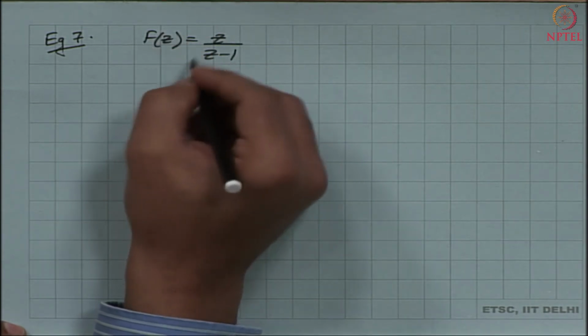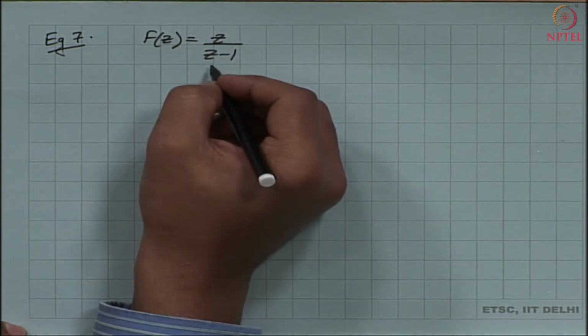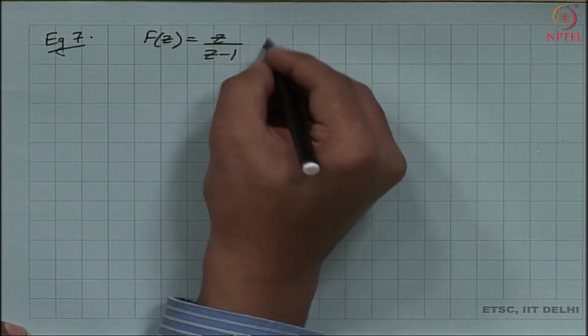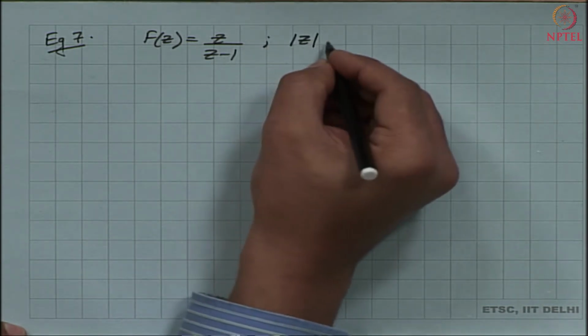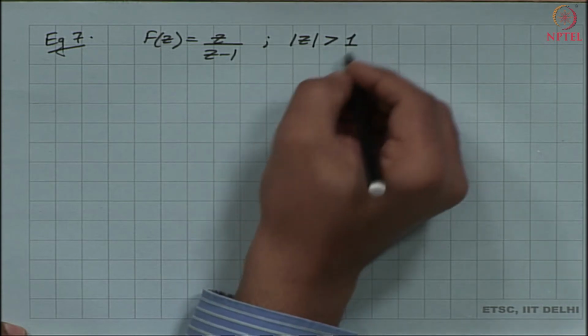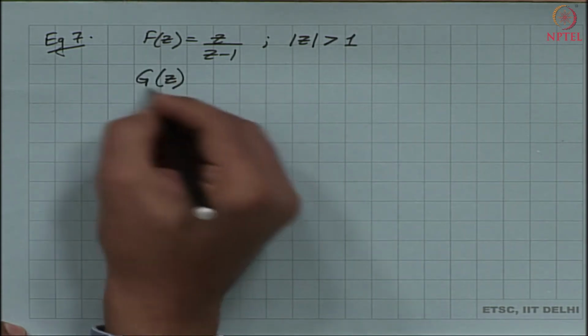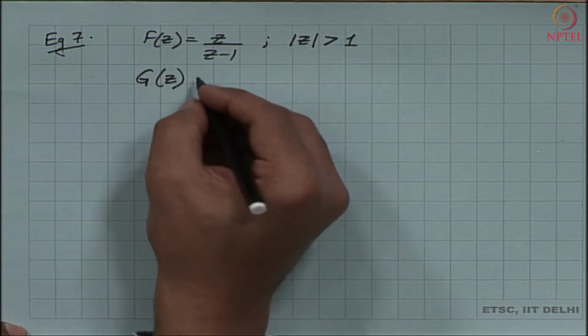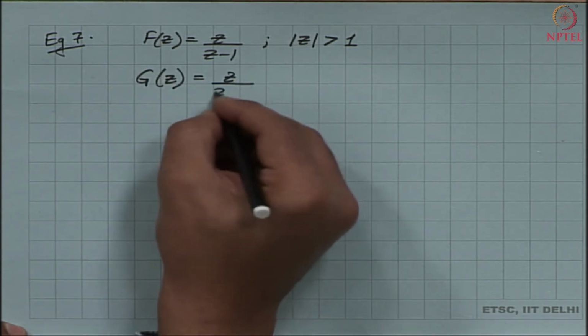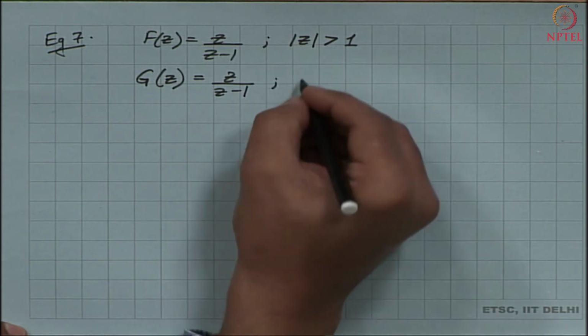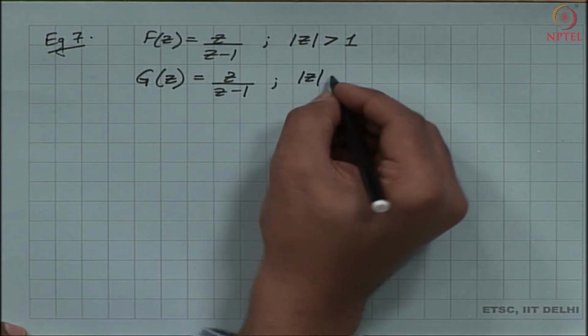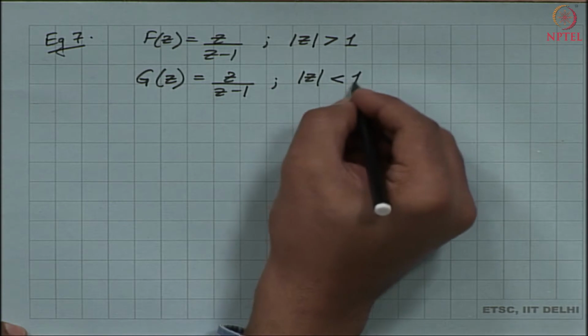Let me call this f of z to be z by z minus 1, but I define my domain of convergence as mod z greater than 1. Then I define my second function, g, again to be z by z minus 1, but this time I define my domain of convergence as mod z less than 1.